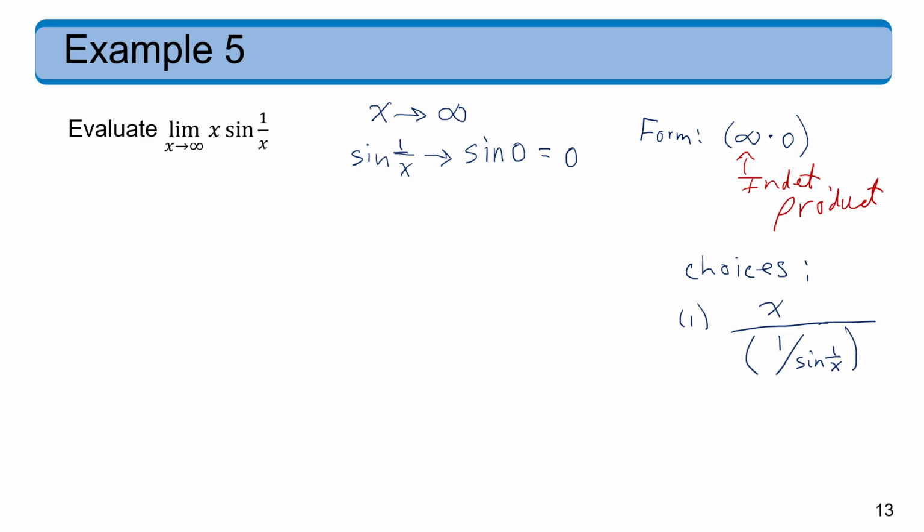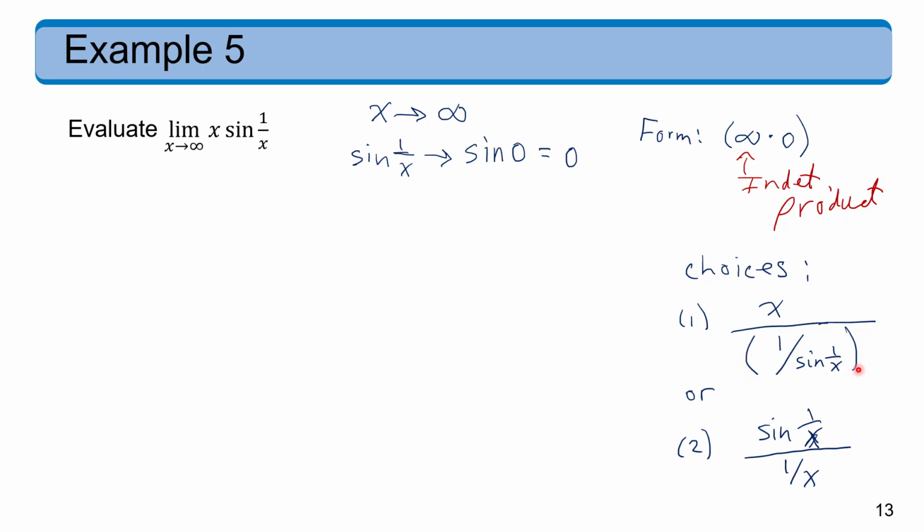The other choice is to keep the sine function in the numerator and then put the reciprocal of x in the denominator. Okay, so again, one choice was to keep the x in the numerator, put the reciprocal of sine in the denominator. The other choice was the opposite, keep the sine function in the numerator, put the reciprocal of x in the denominator. Now think about which one's going to be easier to apply L'Hopital's rule.